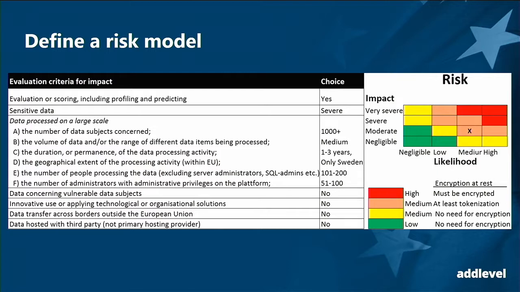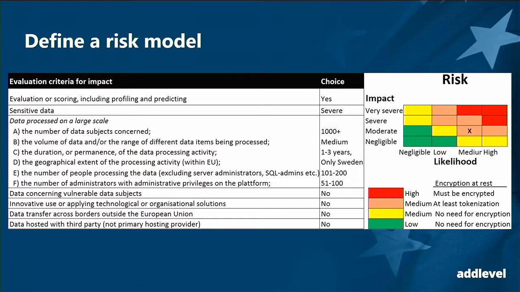So you look at, okay, evaluation or scoring, including profiling, do we do that stuff? How large are the data sets? Do we move data to several countries and stuff like that? And based on that, you can do a sort of decision matrix and land in that, okay, there's a fairly high risk here.